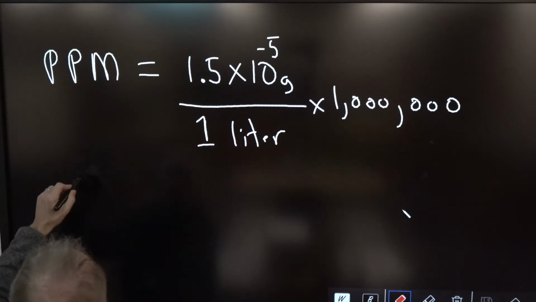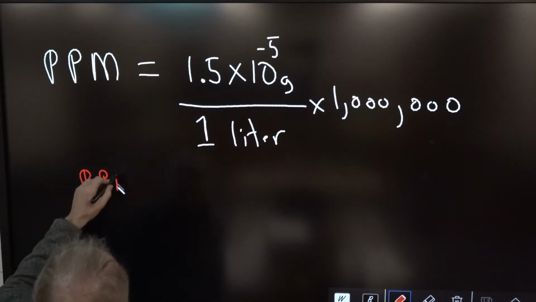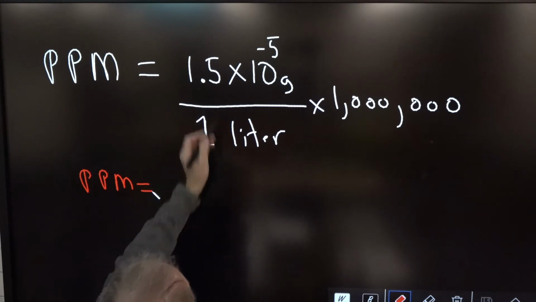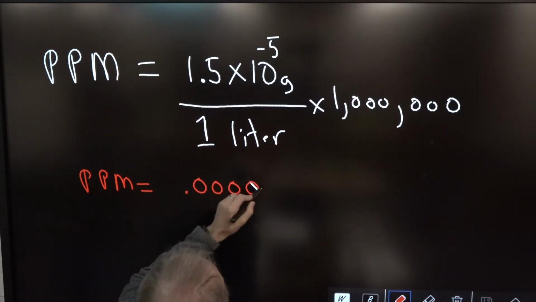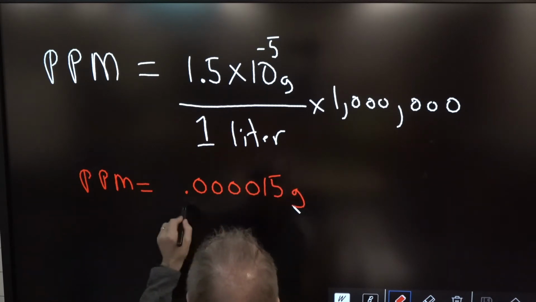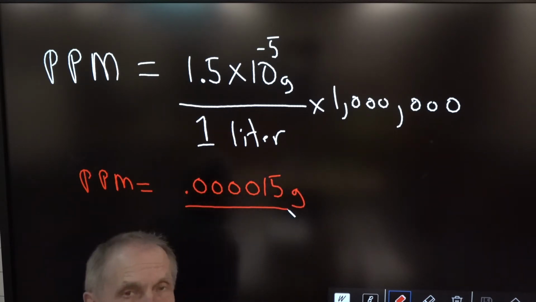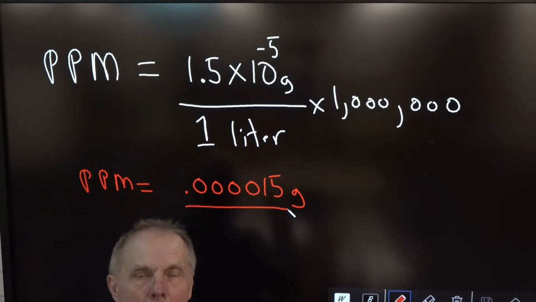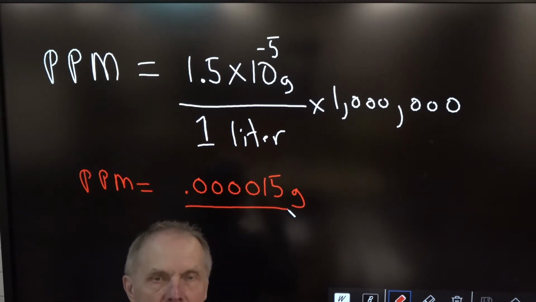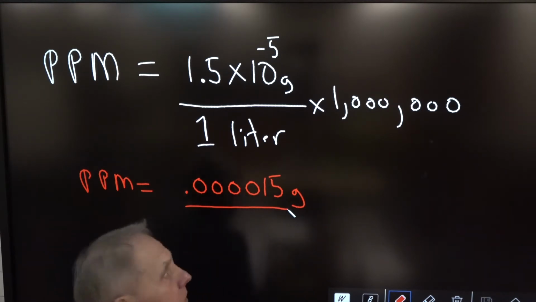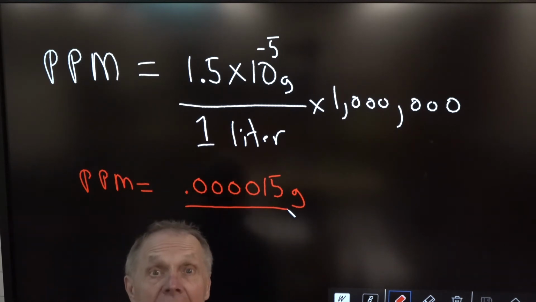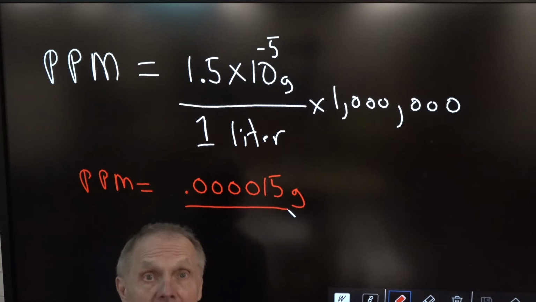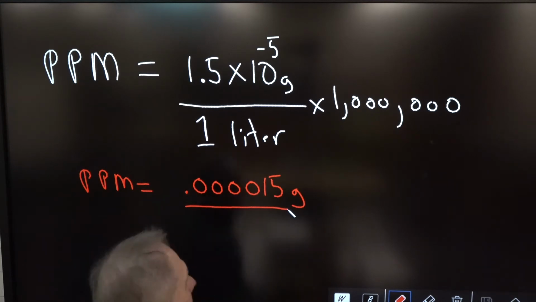So once again, ppm equals, there'll be 4 zeros there, 0.000015 grams. And then 1 liter, well, if you remember, 1 milliliter of water weighs 1 gram. So if I have 1 liter, that's 1,000 milliliters. And 1,000 milliliters would equal 1,000 grams of water.